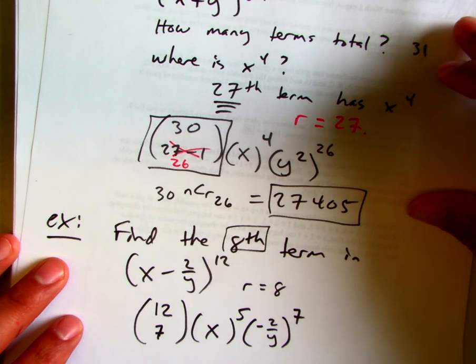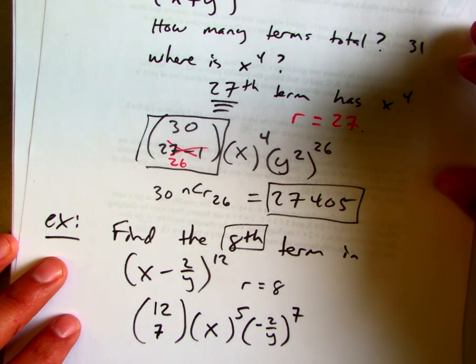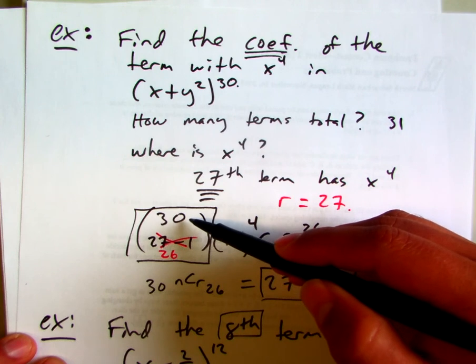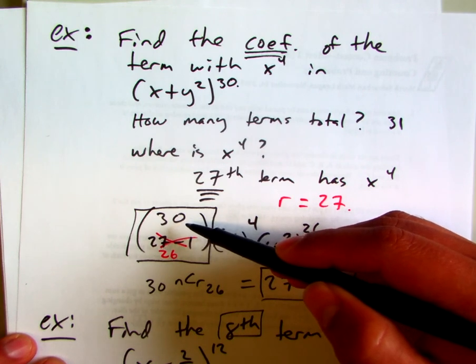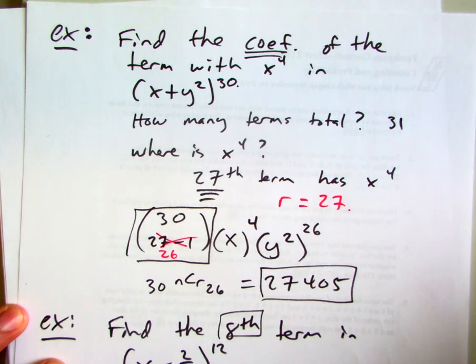Where'd you get 13 from? And we use 30. So it's always the same, the exponent is exactly the number that you put on top. Okay?